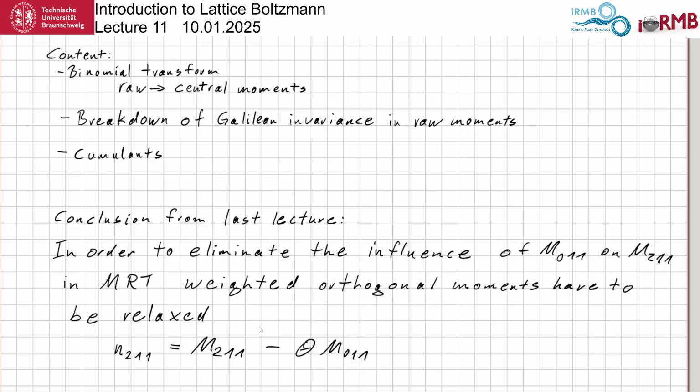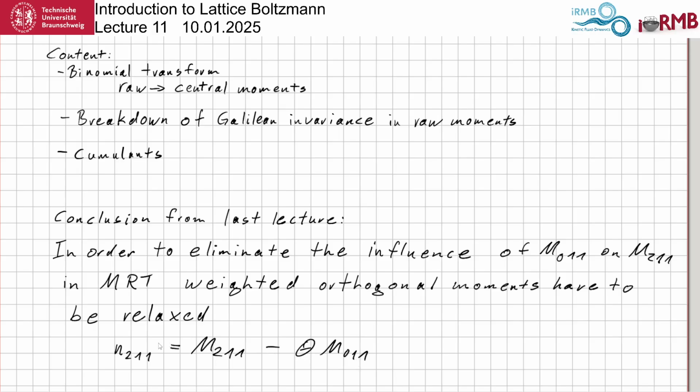And then we had recognized that in both of them we'll have problems with the ghost moments, and in order to get rid of these problems with the ghost moments and actually allow really different relaxation rates for the ghost moments without crashing the code, we needed to have a particular moment, namely the M211. We had to make this weighted orthogonal to the moment M011.